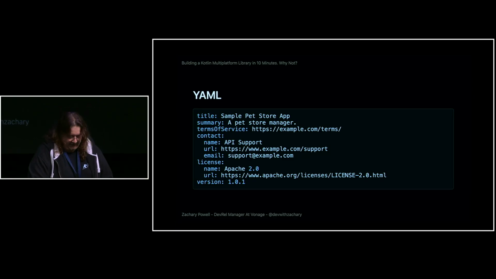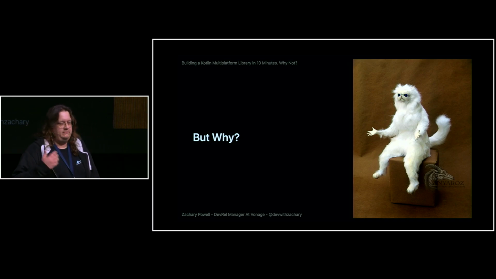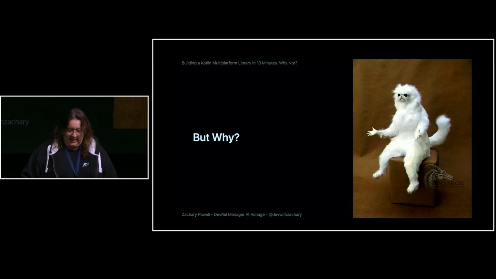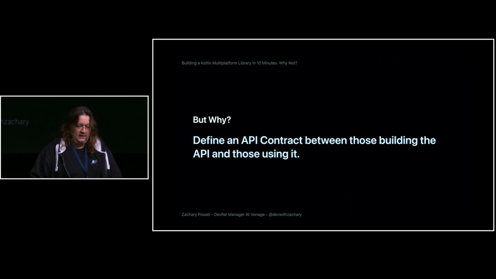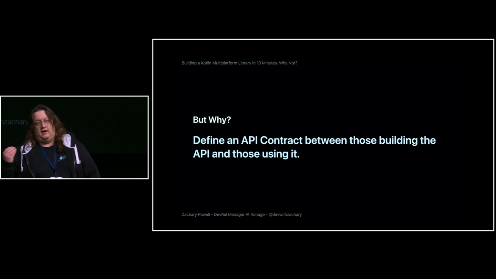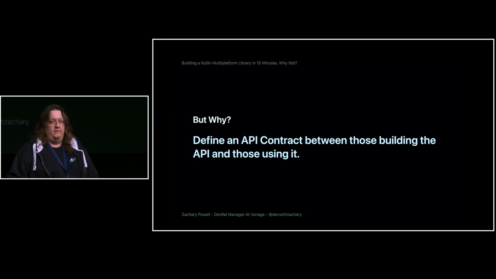So there you go. But why? Why would you want to do this? Why would you want to put the extra effort into writing an API spec? Well, fundamentally, the biggest thing that doing this will do is create an API contract between those that are building the API and those that are consuming it. Both parties will understand exactly what is expected from that API.